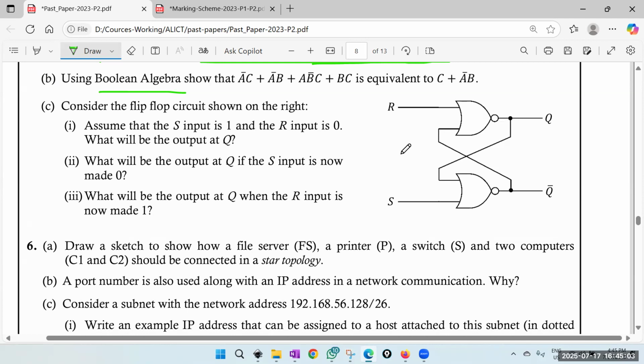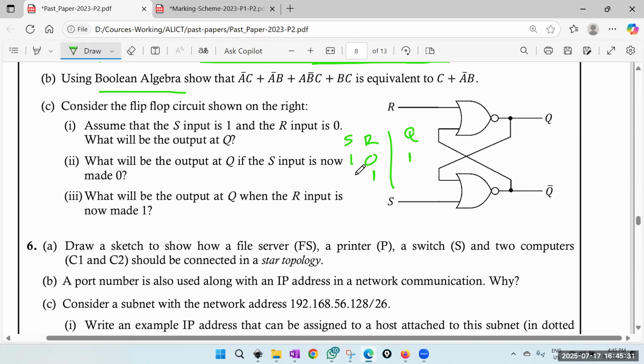So then you must know the truth table. Right. SR. What happens when 0, 0, 0, say 0, 1, 0, sorry, 1, 0 is the set. Set. That is why we said set reset. So this is Q is 1, Q dash is 0. That is set. That is why S is 1, set.